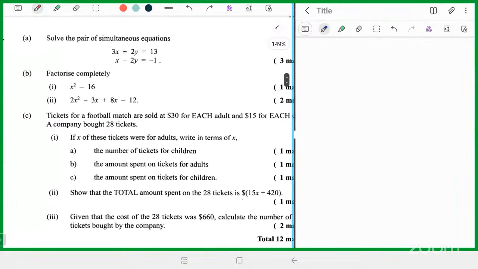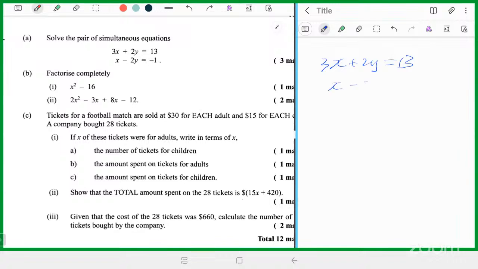Number 2 wants us first to solve this pair of simultaneous equations. This can be eliminated easily because we already have 2y and -2y. So we need to add the 2 equations to get rid of y. We can use the elimination method. 3x plus 2y equals 13 and x minus 2y equals -1.